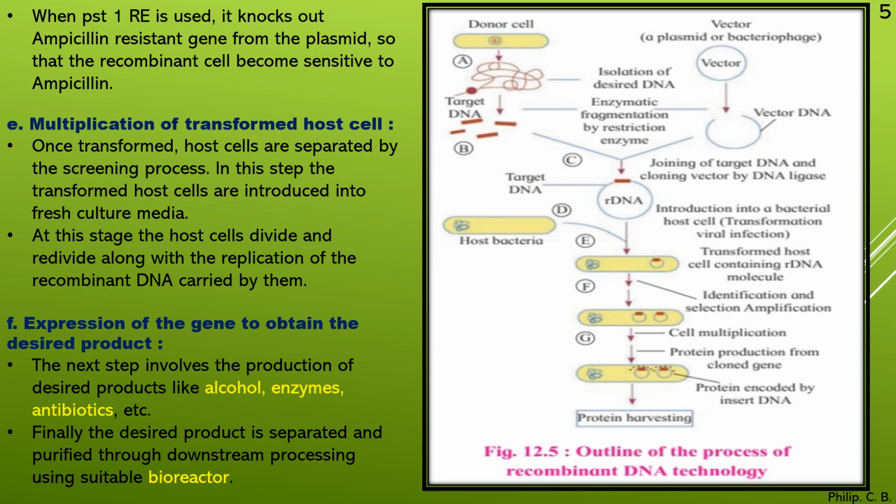So, the transformed host cell containing the rDNA molecule, then identification and selection, amplification, cell multiplication, protein production from the cloned gene, then the protein encoded by the insert DNA. Further, we can obtain the protein, which is termed protein harvesting. So this is just an outline of the recombinant DNA technology process, or how it can be done systematically, step by step.